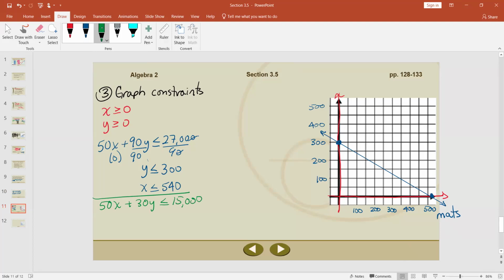So if x is 0, that means that y is less than or equal to 500. And then if y is 0, then x is 300. So the x-intercept is 300.